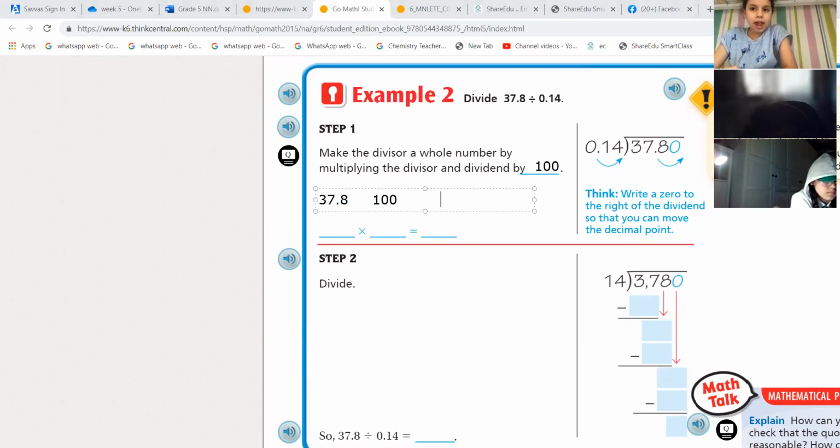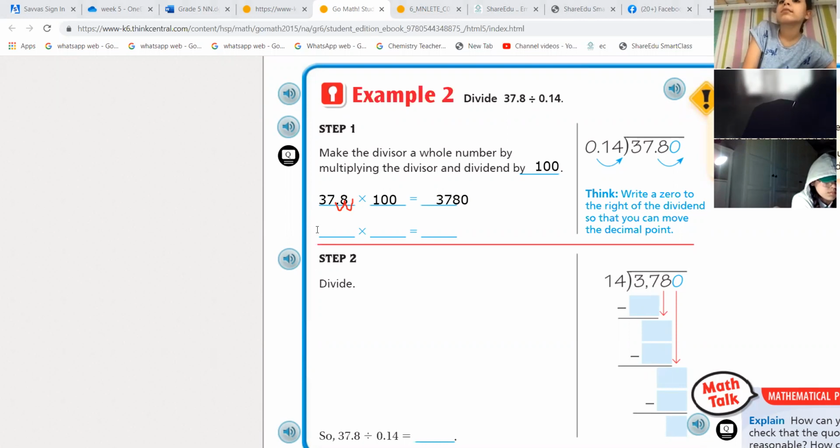I get 3780, because the point moves. Move very carefully, girls. 1 and 2. There is nothing here, so that means I put a 0.